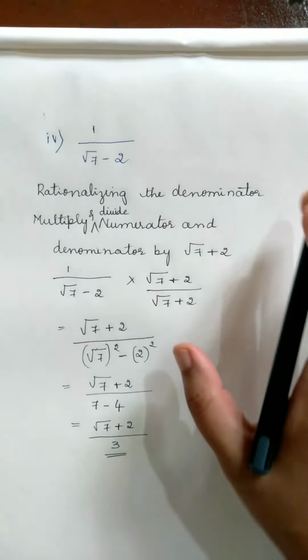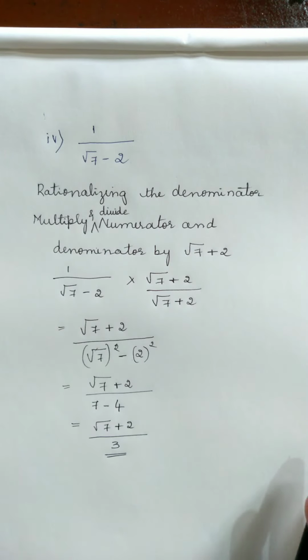This is the rationalizing the denominator. So, whenever the denominator contains an irrational number or a number with a sign like this, root 7 minus 2 or root 7 plus 2, in that form, it should be converted to a rational number for easy simplification.